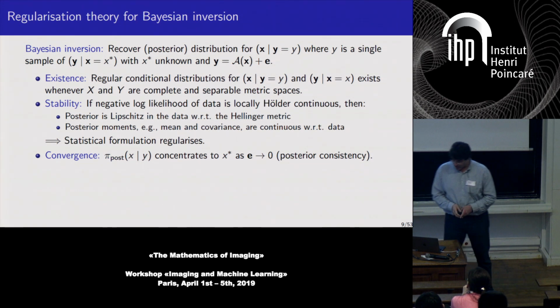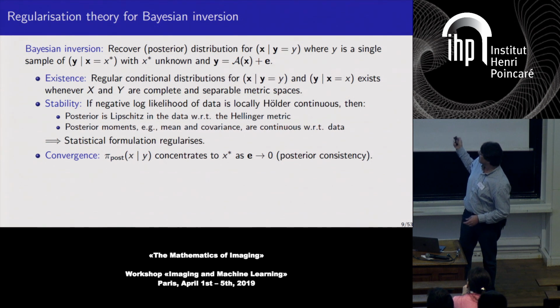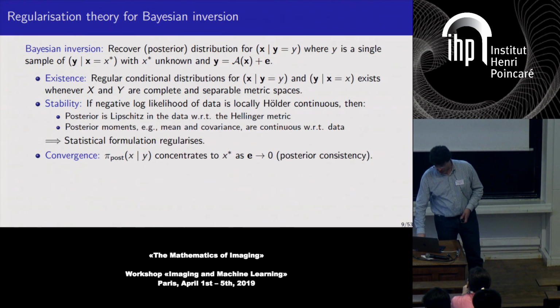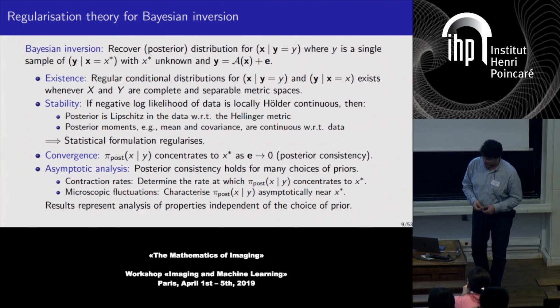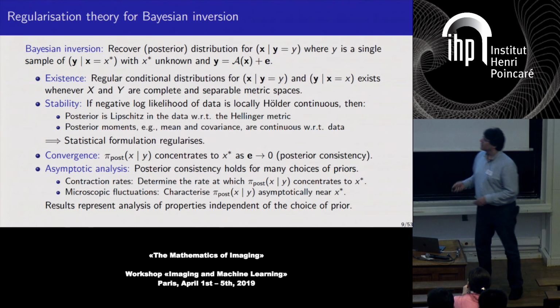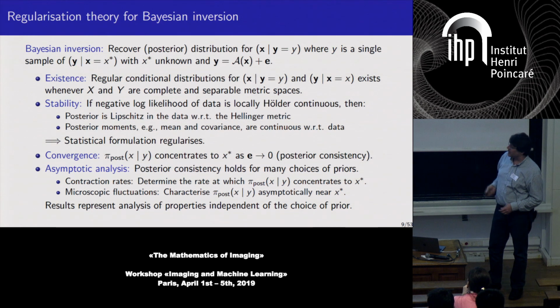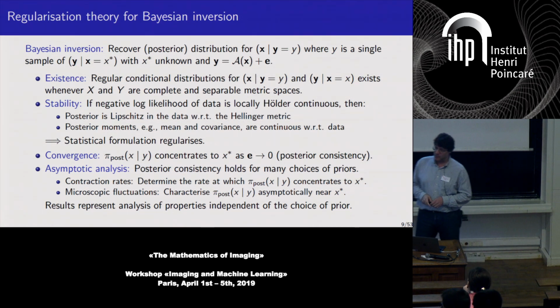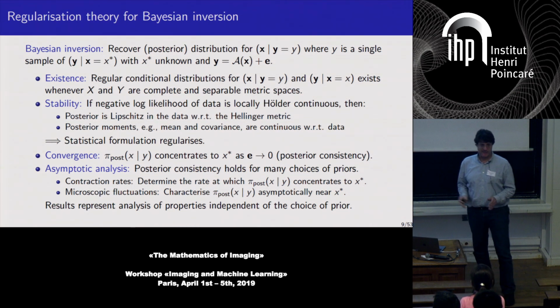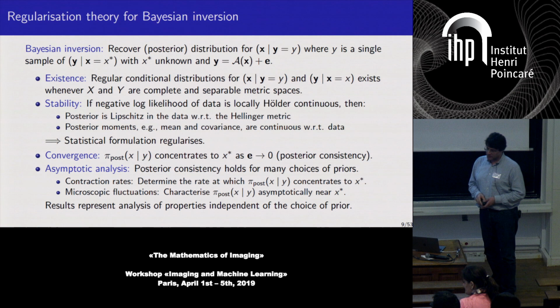These types of results are called posterior consistency results. And you might also ask how fast this convergence goes. These are called contraction rates. There's a lot of theory that's been developed, and much of this theory is quite late, I would say. We're talking maybe 2015 and onwards, especially in the infinite dimensional setting. It's definitely fairly recent work.